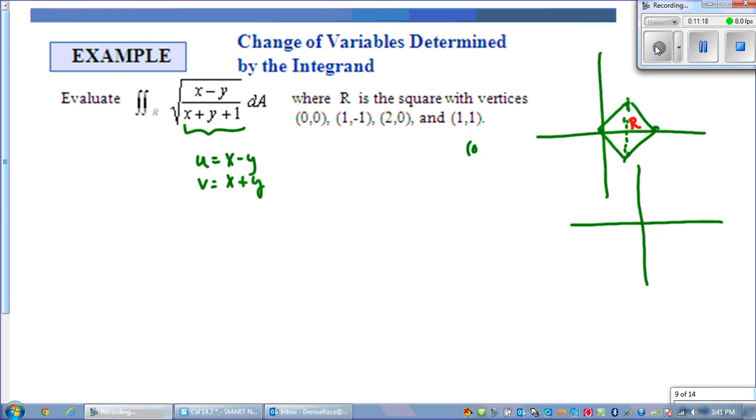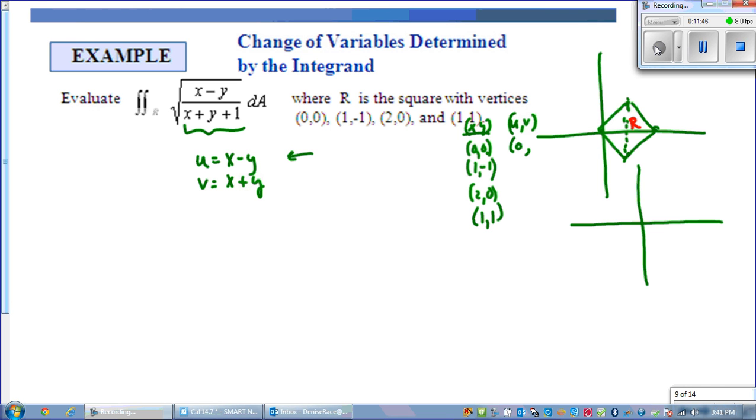Okay, so taking each of these points, 0, 0, okay, so those are our points x, y, and we want to find the UV for the region S. Using this transformation, the u will be the x minus the y, so 0 minus 0.